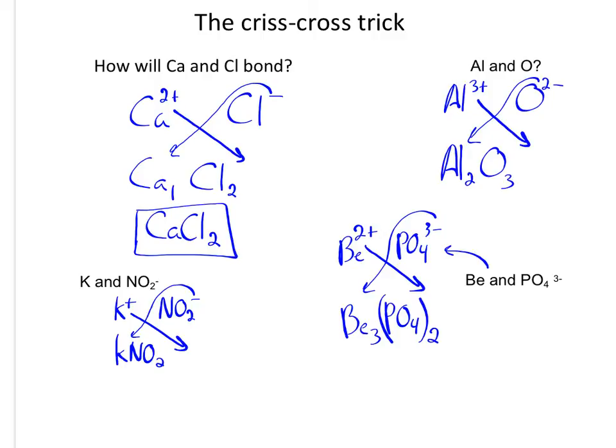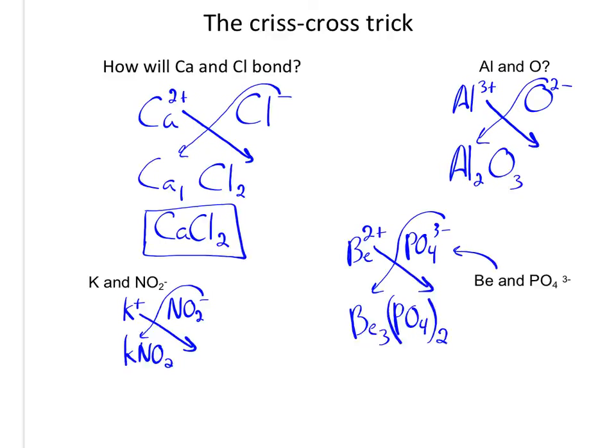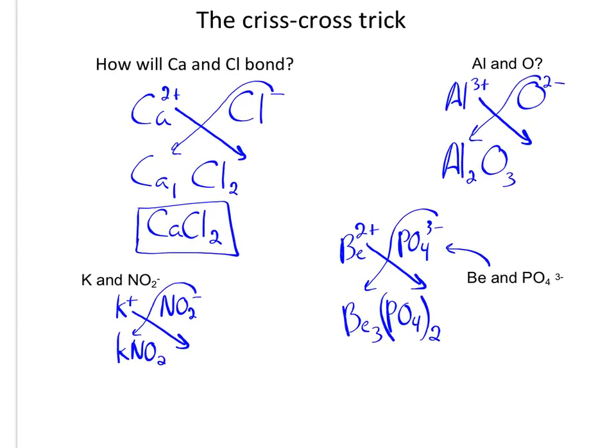And we have a nice little trick called the crisscross trick. Let's see if we want to take calcium and chlorine. How do they bond? Is it going to be CaCl, Ca2Cl3, something? What is it? Well, we need to find their charges. So first, you write both ions with their charges, and you crisscross. You switch the charges. That's it.